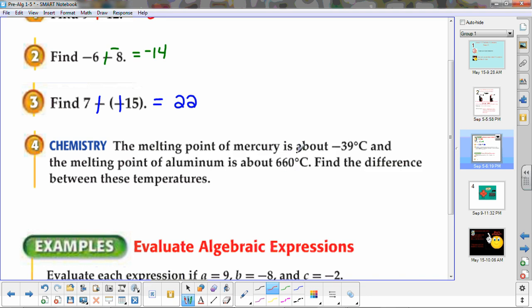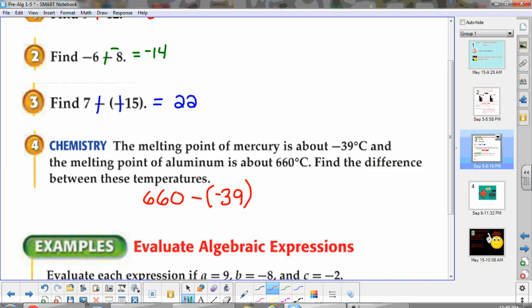So the higher one is 660 degrees minus the smaller one, which is negative 39. Now, since it's subtraction with negatives, you're going to change it to adding the opposite, or chop, chop.